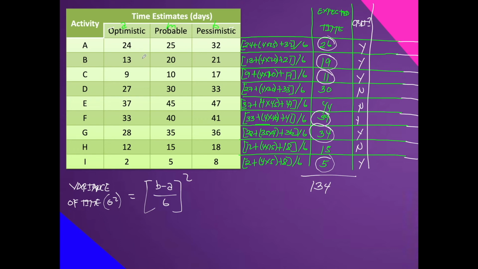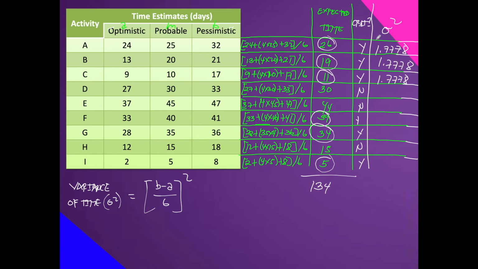That will be 1.7778. This is the variance. Next, 21 minus 13 over 6 squared, 1.7778. Next, variance. Let me get the variance of all of them first. 17 minus 9 over 6 squared, this is 1.7778.